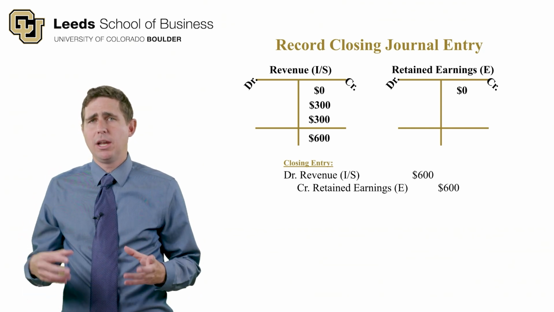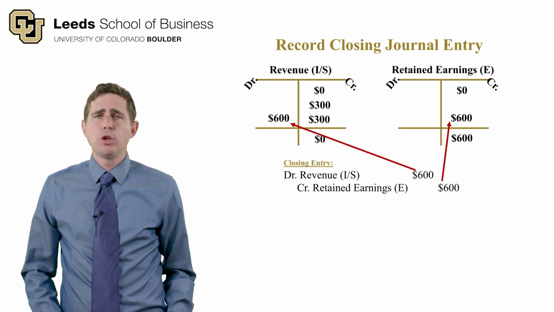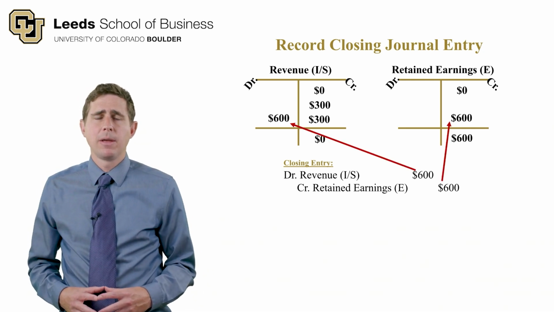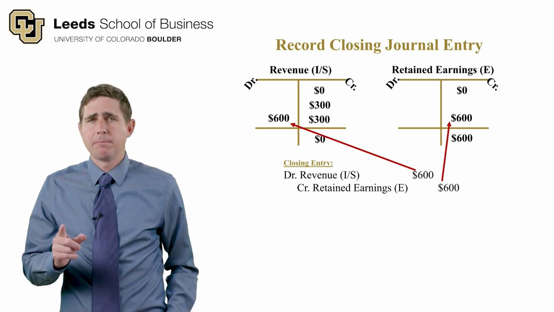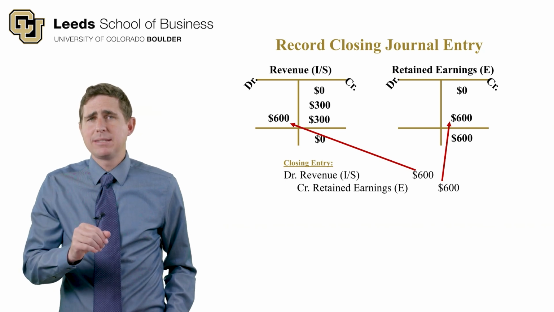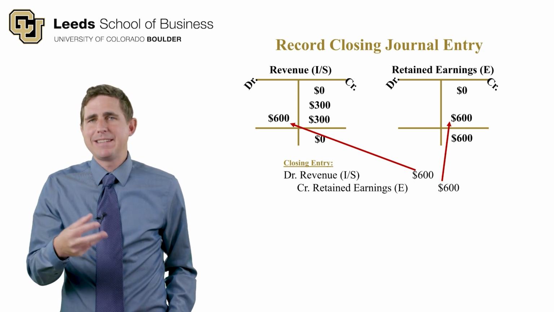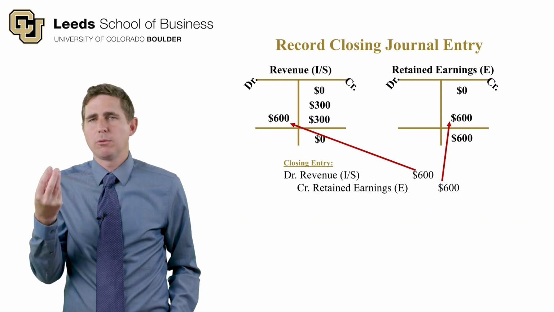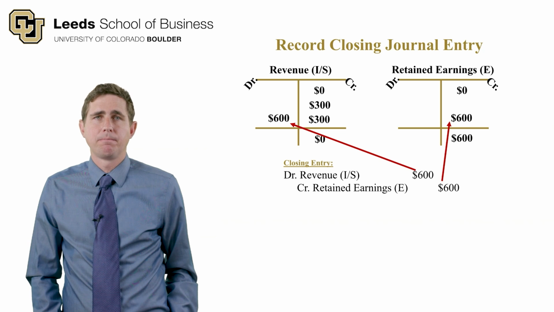So I'll credit retained earnings for 600 because I need debits to equal credits. Now, when you post this closing journal entry to the accounts, it closes out revenue, doesn't it? Revenue had a $600 balance, then I debited by 600 and now it has a balance of 0. And that $600 credit is now sitting in retained earnings. So retained earnings went up by 600. And that's the effect of the closing entry.